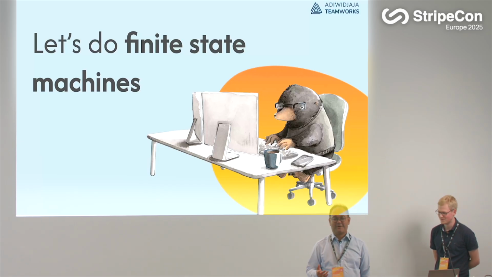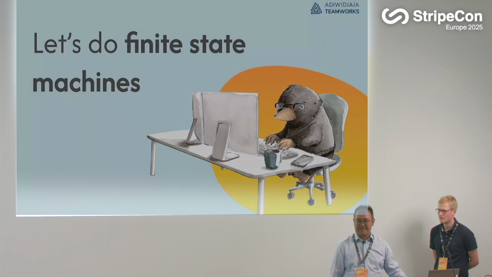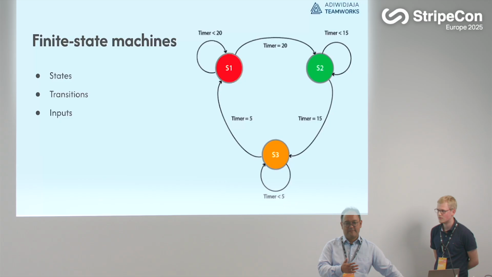So, let's do finite state machines. Who remembers finite state machines? Yes, I really like models which you can really use in reality, but I never had the chance to implement finite state machines. So finite state machines are models which have states and defined transitions, and depending on the input, the state changes.